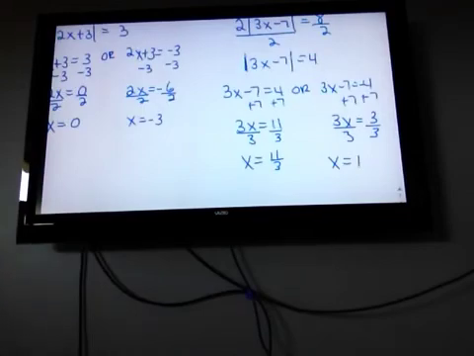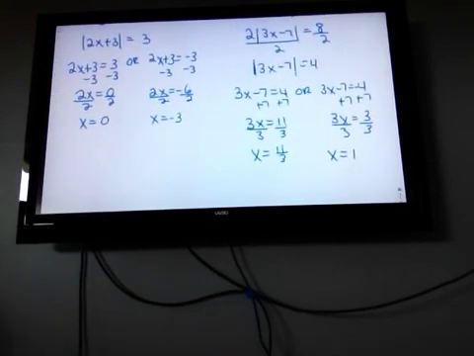So 11 thirds and positive 1. So the solving part is easy, but you've got to remember 2 cases, and then always isolate the absolute value first. Always isolate the absolute value first. Okay? A question or two or more.